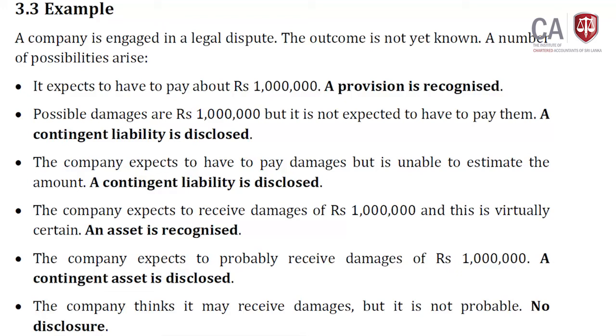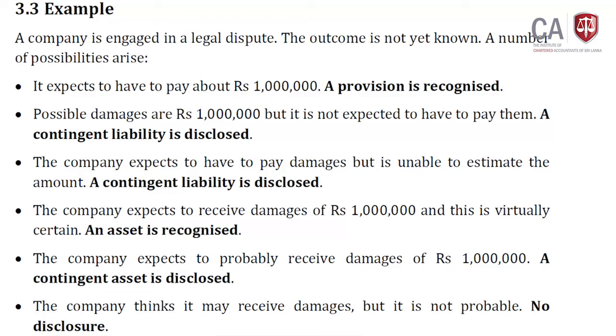Why? Not probable, possible. A company expects to have to pay damages, but is unable to estimate the amount. Again, it's a contingent liability. Why? Because the amount, the settlement, is not reliably measurable. Therefore, you can't make a provision. In both cases, contingent liabilities.